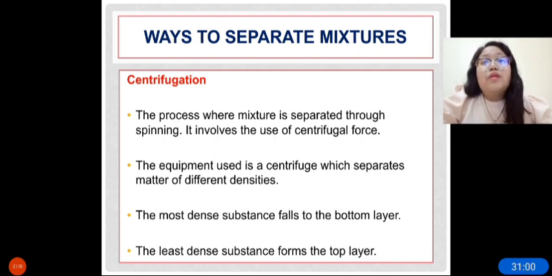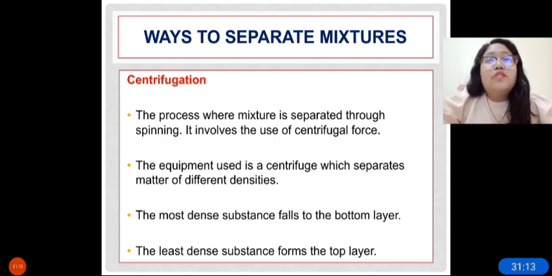It is actually a specialized machine designed to spin containers of liquid at high speeds. So, as the centrifuge spins, substances within the mixture are subjected to centrifugal force, which causes them to separate according to their respective densities. The most dense components migrate towards the bottom, while less dense substances rise to the top.